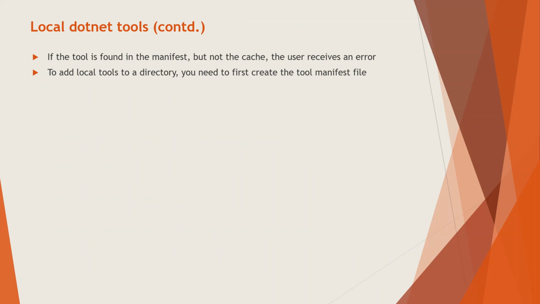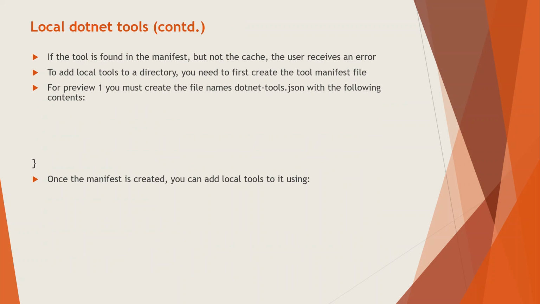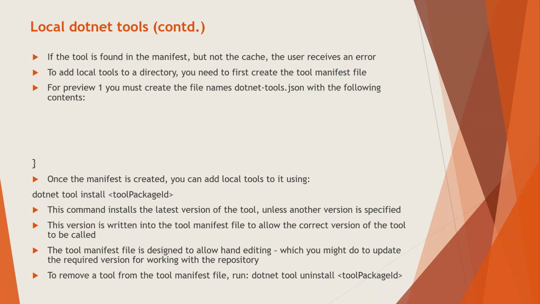Now, to add local tools to a directory, you need to first create the tool manifest file. For Preview 1, you must create the file named .NET-tools.json with the following contents: version 1, root true, tools, a pair of curly braces.